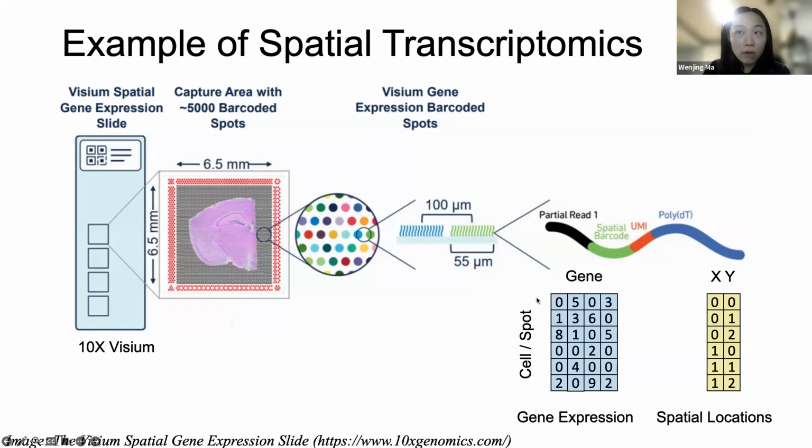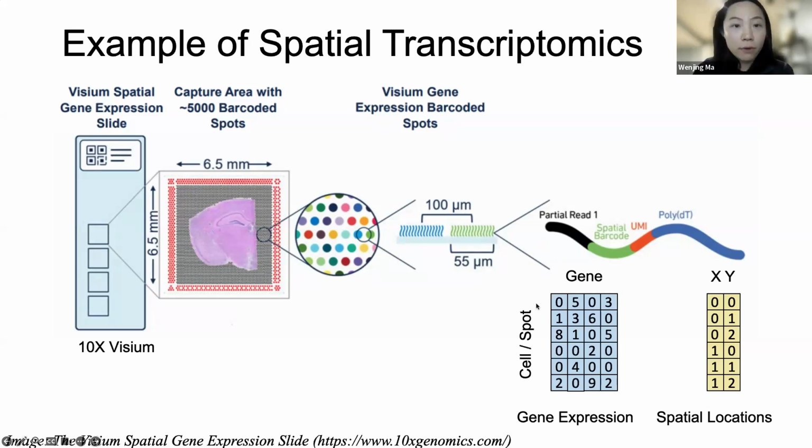For this one, each row represents a spot. Because a spot might be very large, it can capture multiple cells, or if the cell is large enough, it will be at the cell level. But for 10x, most of the time we call it the spot level, which means it is an aggregation of a certain number of cells.